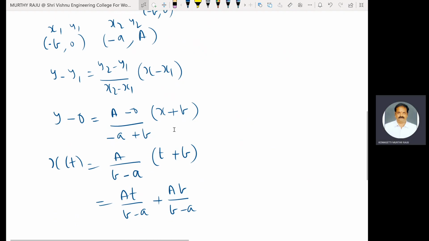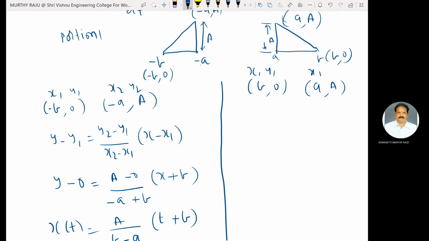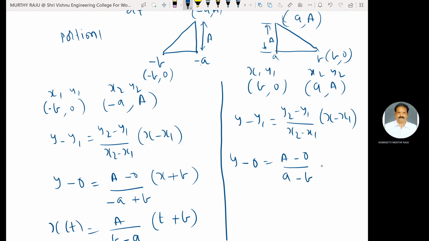Coming to the second one: b comma 0 and a comma A, as x1 y1 and x2 y2. y minus y1 is equal to (y2 minus y1) by (x2 minus x1) into (x minus x1). Here y1 is 0, y2 is A, x2 is a, x1 is b, and x minus x1 is t minus b.